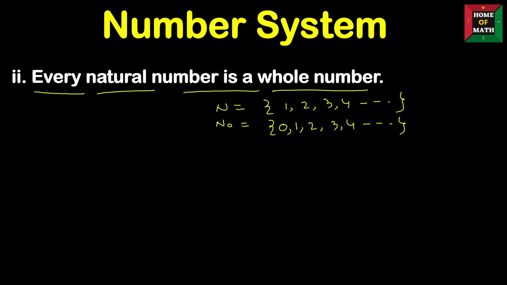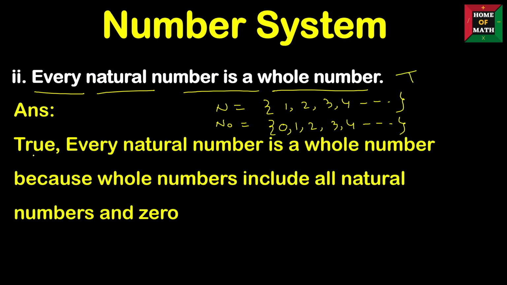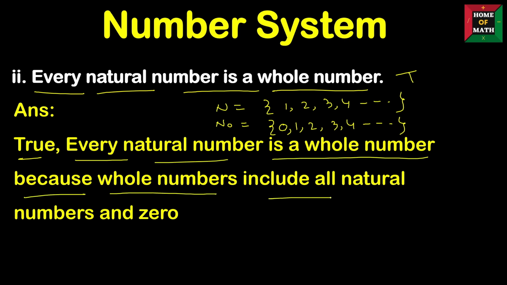So in this case every natural number is a whole number. It's a true statement. True, every natural number is a whole number because whole numbers include all natural numbers and 0.